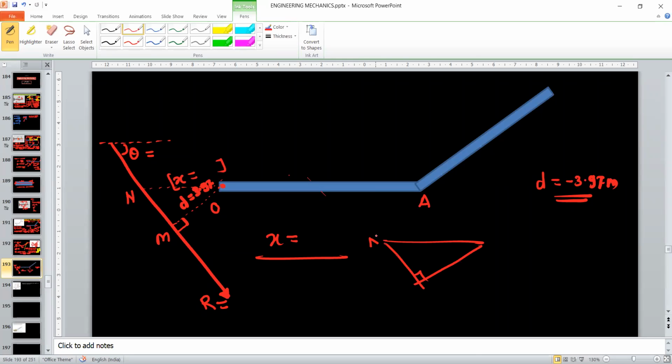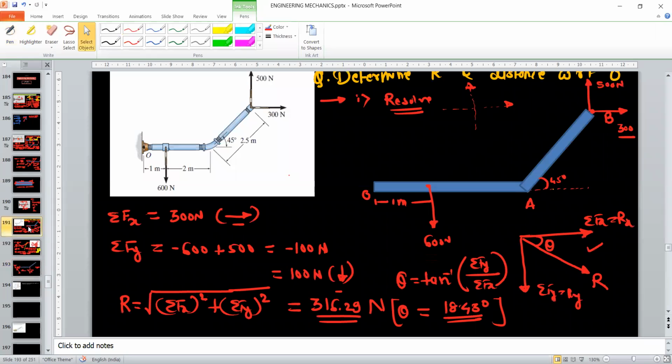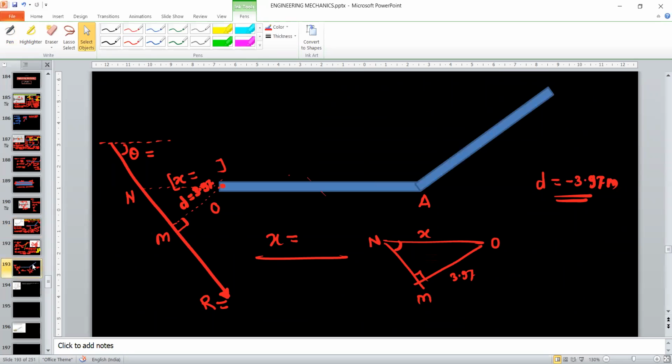This is the hypotenuse, which is ON. Okay. So here x distance is unknown. OM is the known distance 3.97, and the angle is known, which is 18.43.